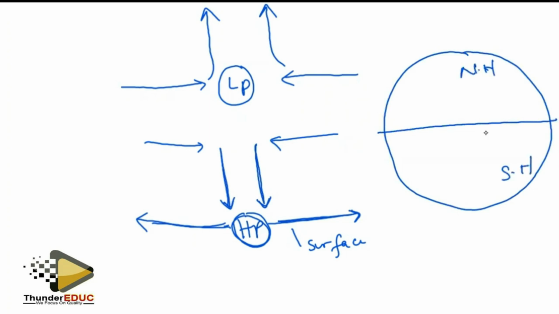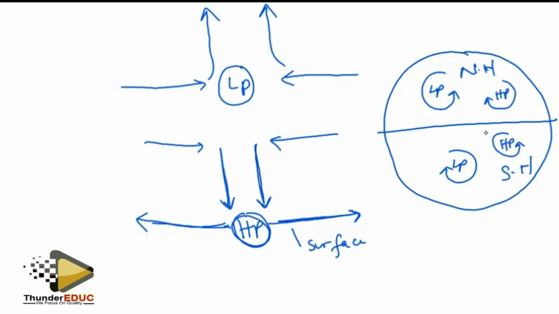So we know that in the southern hemisphere, low pressure cells rotate in a clockwise direction, and they rotate anti-clockwise in the northern hemisphere. This is typical of low pressure cells. And then high pressure cells, they rotate anti-clockwise in the southern hemisphere and clockwise in the northern hemisphere.